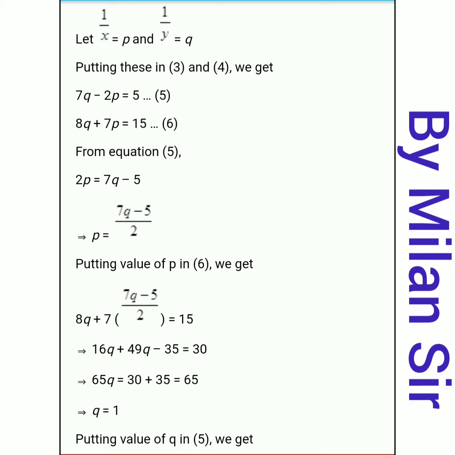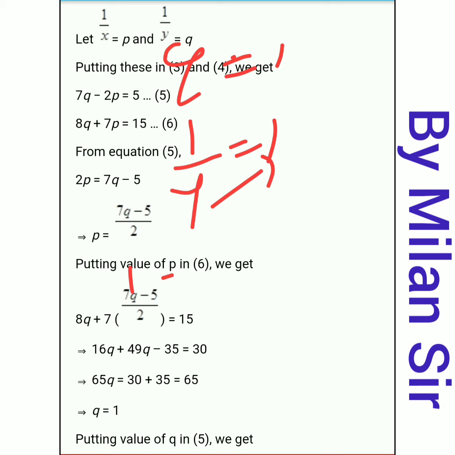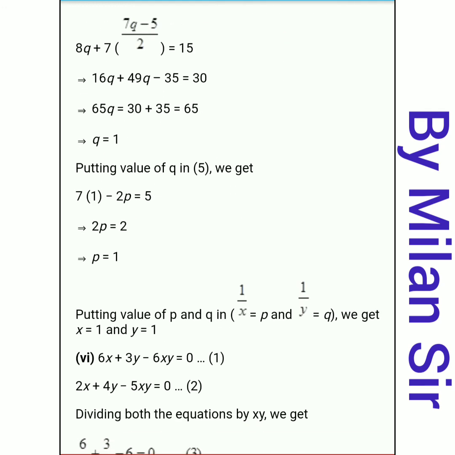Then put this value, that means q is equal to 1 here. Now q means 1 upon y, right? Transfer y to the right hand side. So y is equal to 1. So our final answer: the value of variable x is equal to 1 and y is equal to 1. Okay, so both values we get, x is equal to 1 and y is equal to 1.